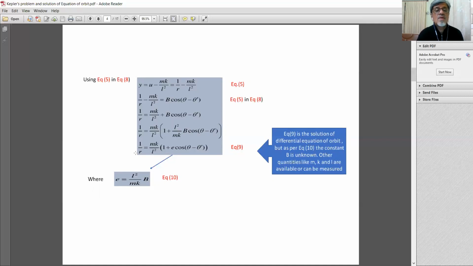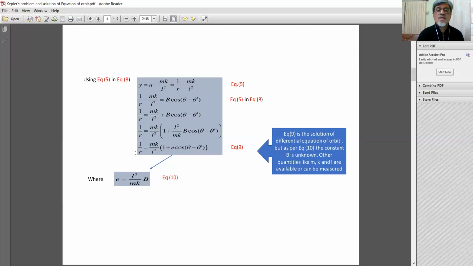So these are known quantities, but b is unknown. The other quantities are available and can be measured, but b is an unknown quantity, and that is why it is difficult to find the complete solution of this equation. So we have to evaluate or know b, and in that case we can use equation number 9. So this is the limitation of equation number 9.